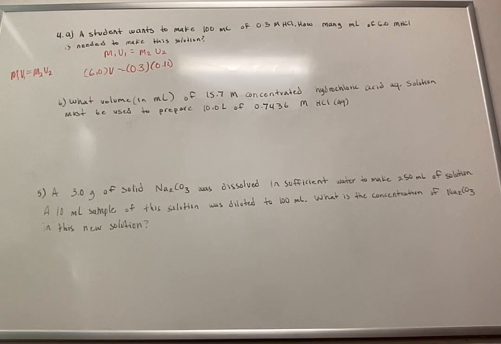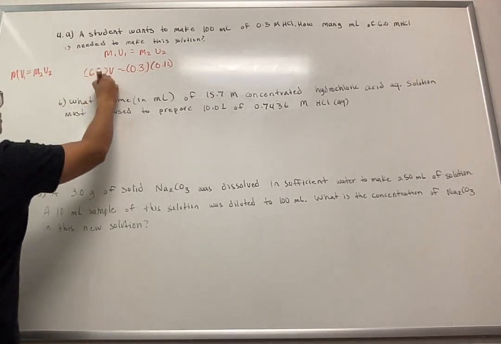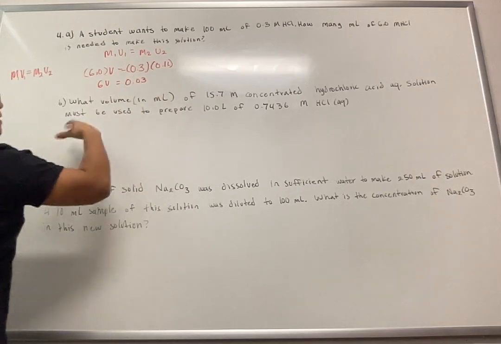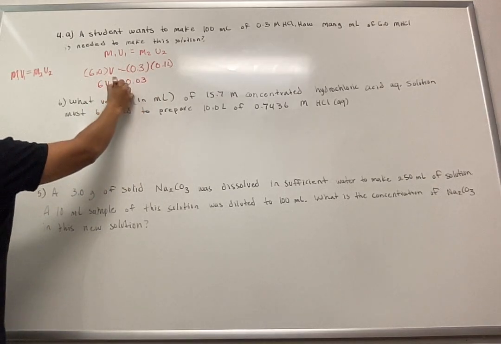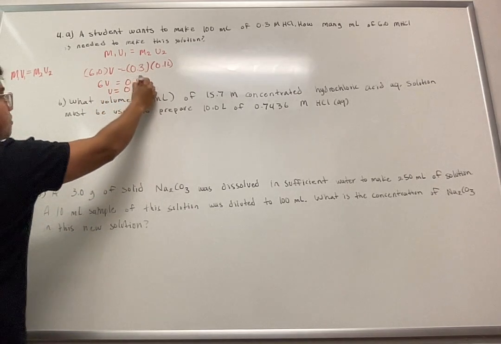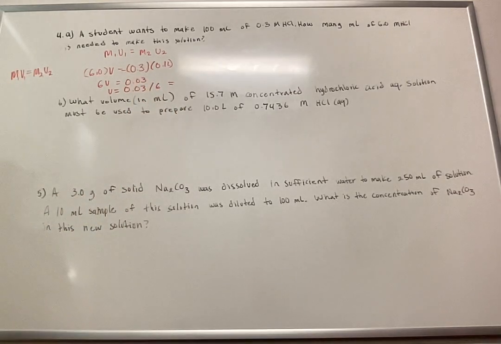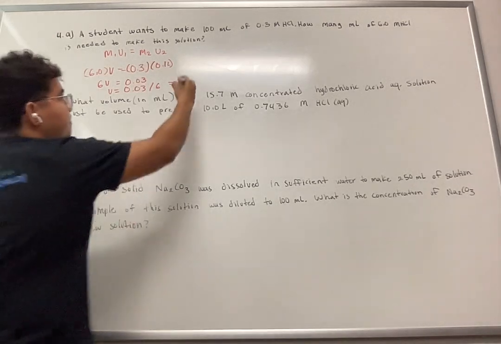Now, if we do 0.3 times 0.1, we have 0.03. So our 6V equals 0.03. Then, the little algebra.